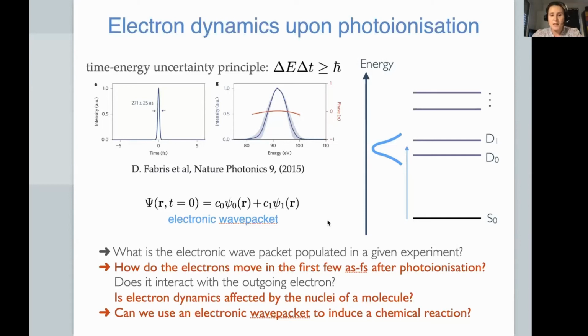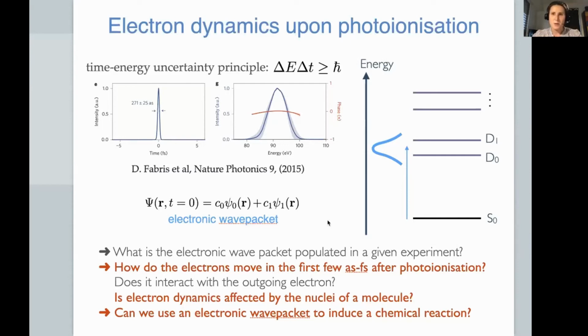And how exactly does the electron move in the first few attoseconds or femtoseconds after this sudden ionization? Is there an interaction between the outgoing electron and the cationic electronic wave packet? Or within the cation, how do the electrons and nuclei interact with each other? Is the electron dynamics affected by the nuclei of a molecule?